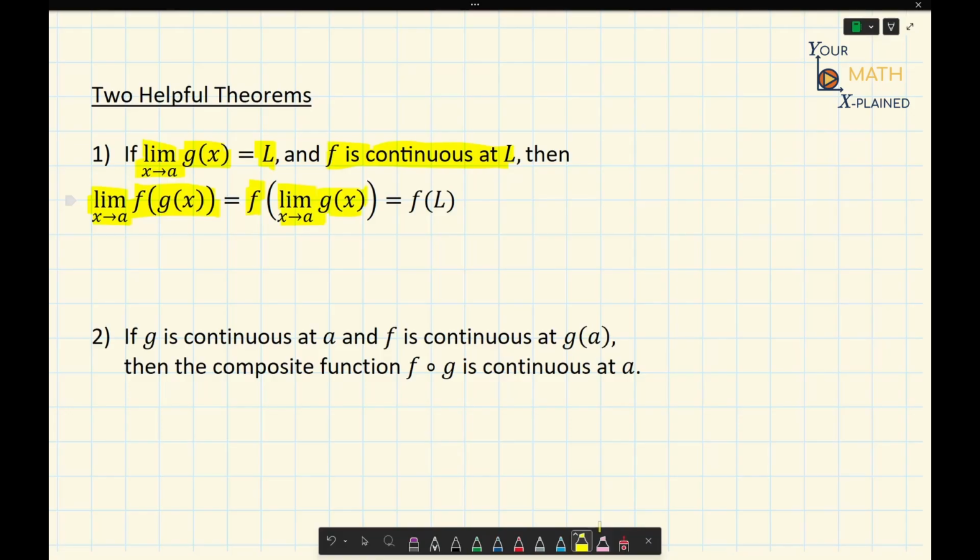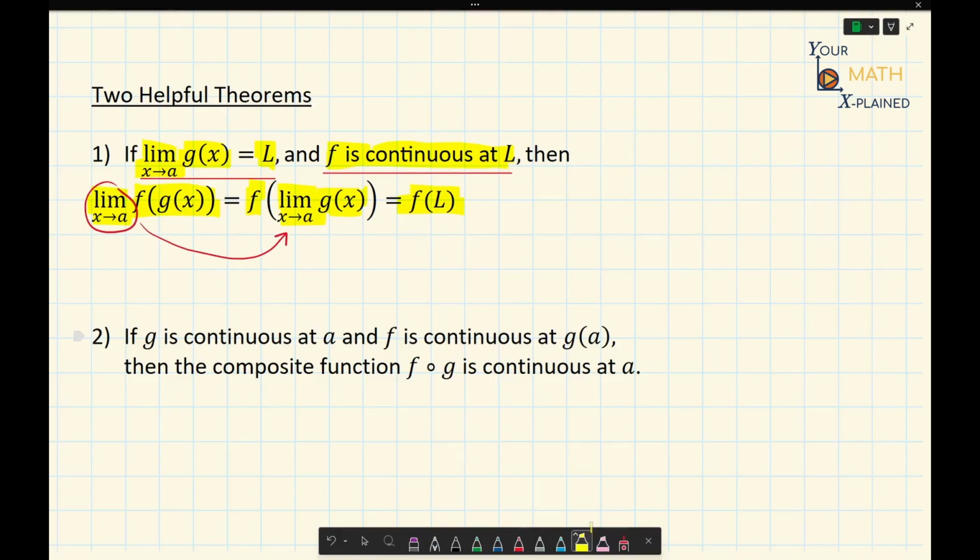But we know that the limit as x approaches a of g of x is equal to L, so therefore this is just equal to f of L. So essentially, all this is saying is that if the inside function approaches a particular value and the outside function behaves nicely at that value, then we can move the limit inside into the inside function.